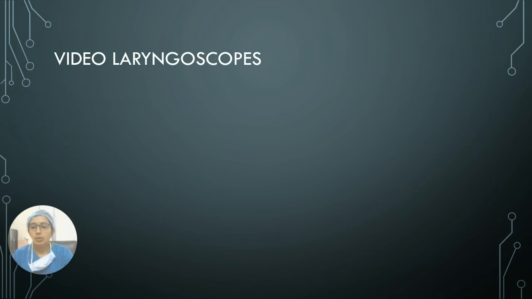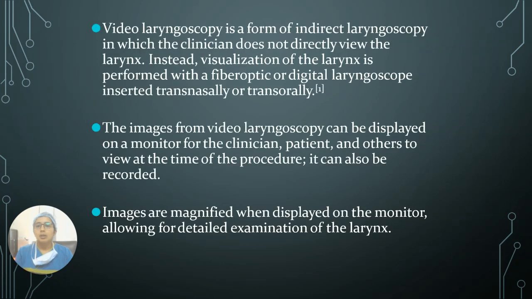Coming to video laryngoscopes. Video laryngoscopy is a form of indirect laryngoscopy in which the clinician does not directly view the larynx. Instead, visualization of the larynx is performed with a fiber optic or digital laryngoscope inserted transnasally or transorally. The images from the video laryngoscope can be displayed on a monitor for the clinician, patient, and others to view at the time of the procedure.